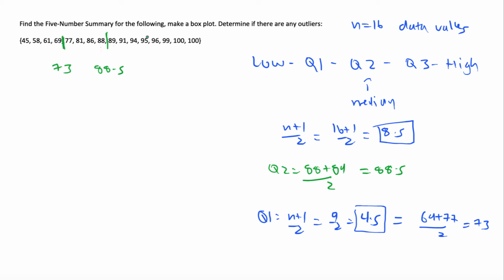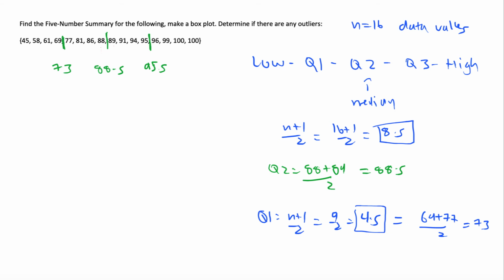Similarly, to find Q3, we would take the median of the upper half of these 8 numbers. We want to do the same thing. We know that the median would be in the position 4.5. The 4th number is 95, the 5th number is 96, so halfway in between that would be 95.5. So there we go.